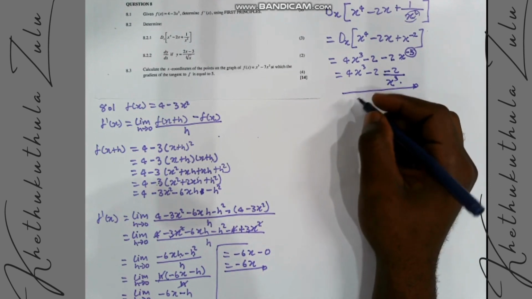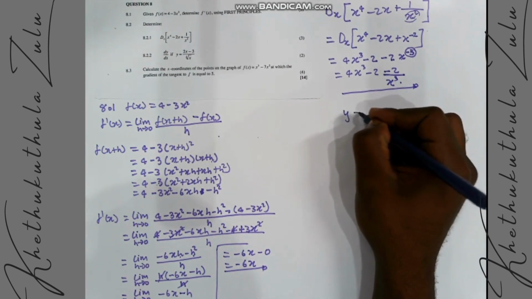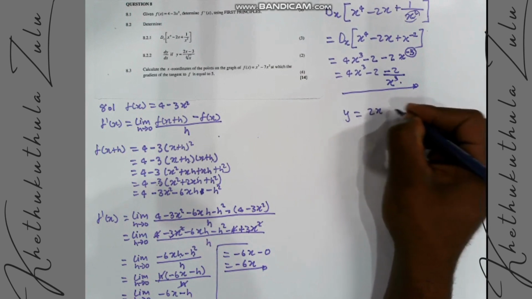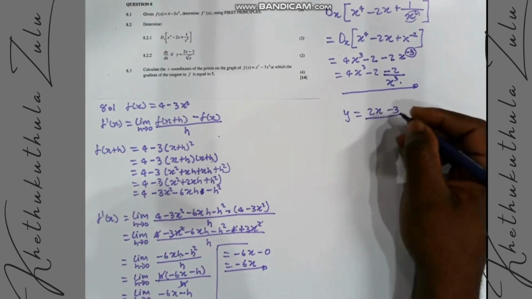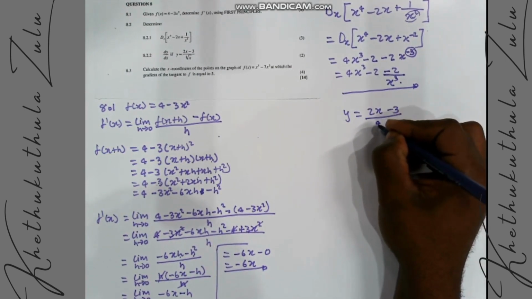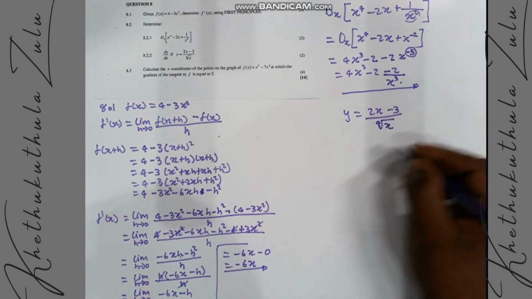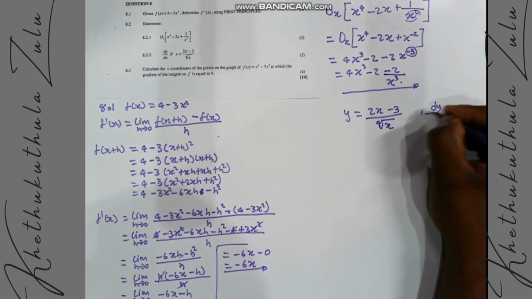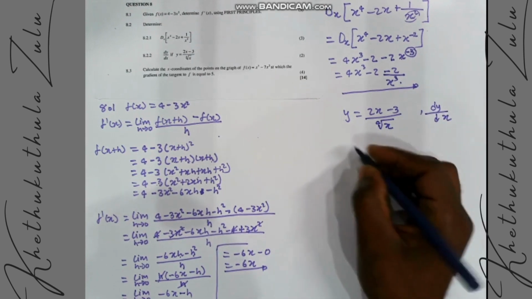Let's move to the other one where we have y equals 2x minus 3 all over the fourth root, where we are deriving this in terms of dy dx.